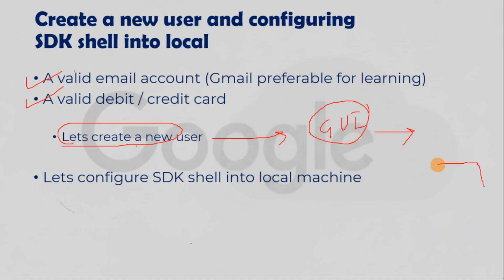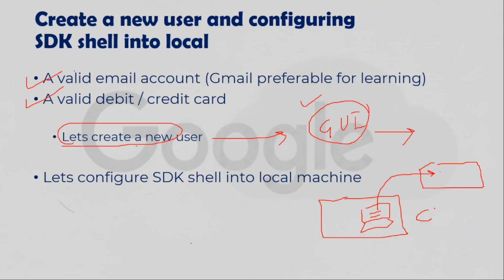This is my cloud system and this is my local computer, where I'm sitting at home. What if I want to interact with Google Cloud from my local computer? I don't want to enter the URL, go to the cloud and click here and there. Instead, I want to interact with Google Cloud services by providing some commands.